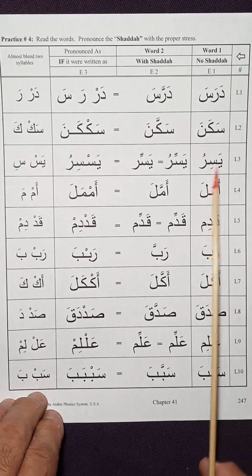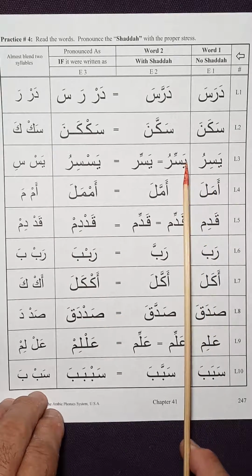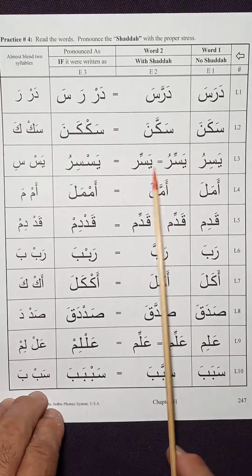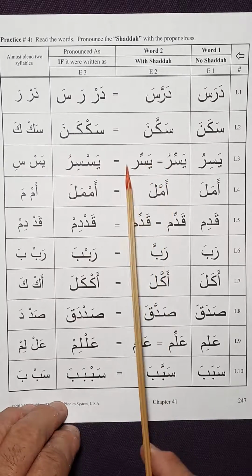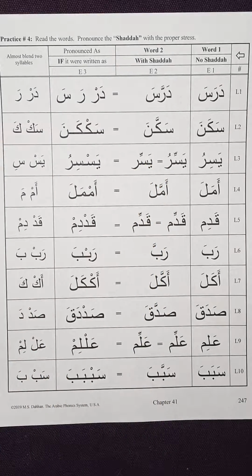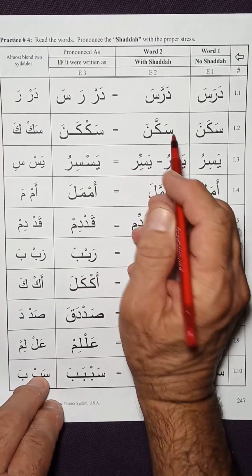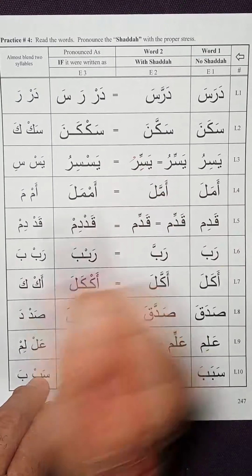Here, yasiru. Yasiru. What does that mean? I think the vowel is supposed to be here. Remember I told you it's some kind of case, take it out of here, and this should be here.